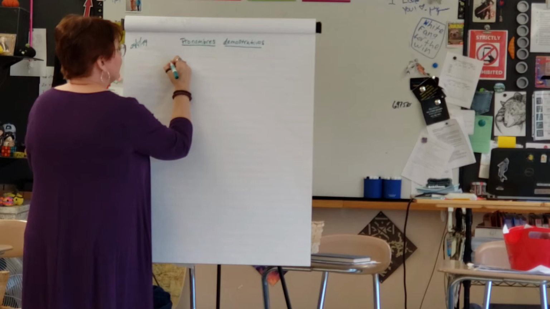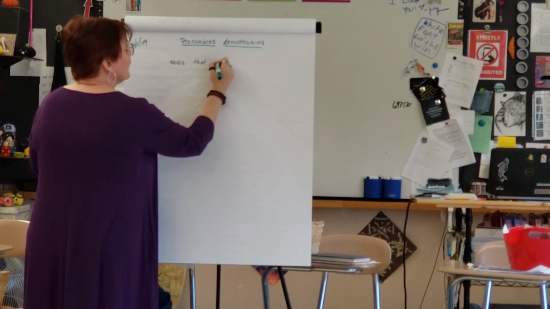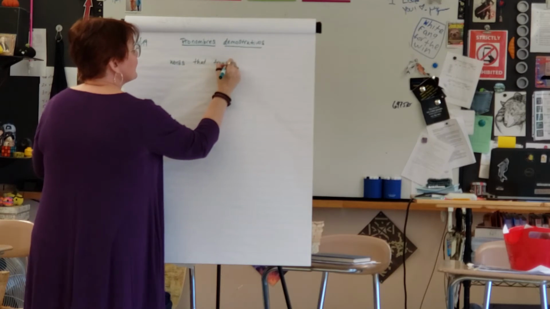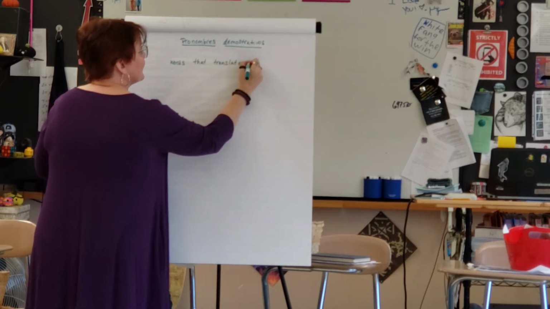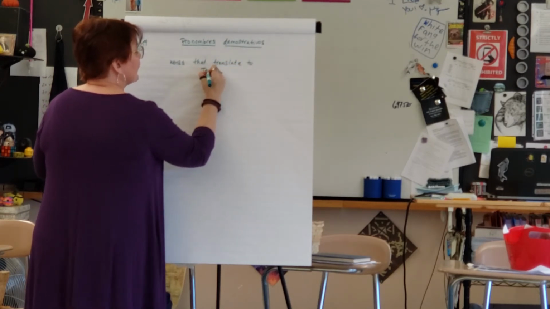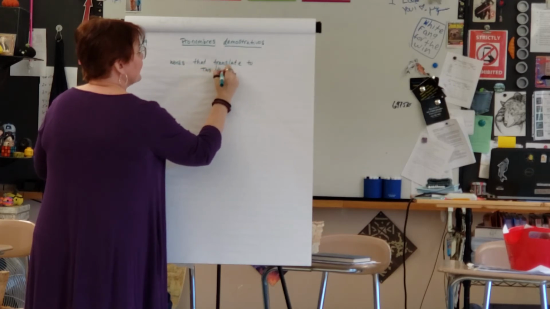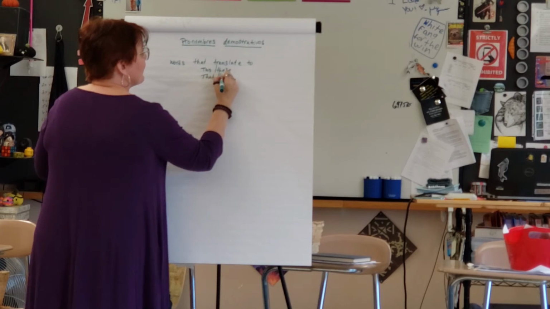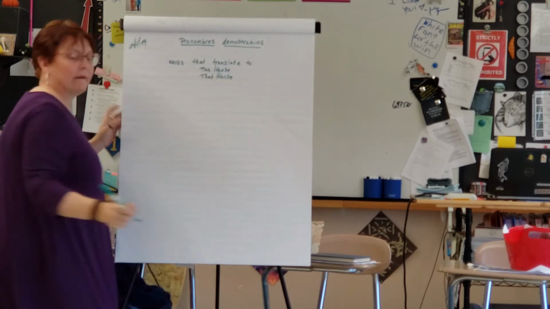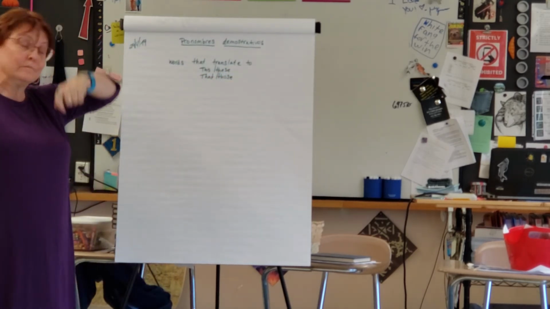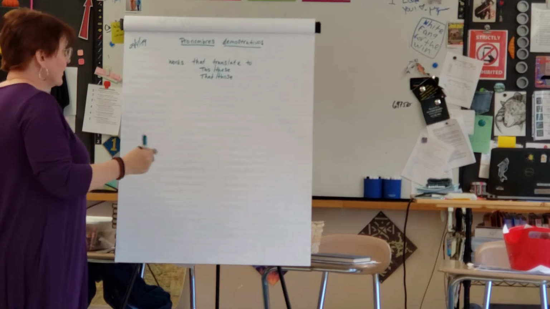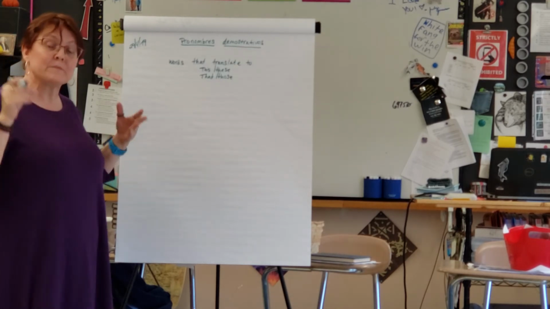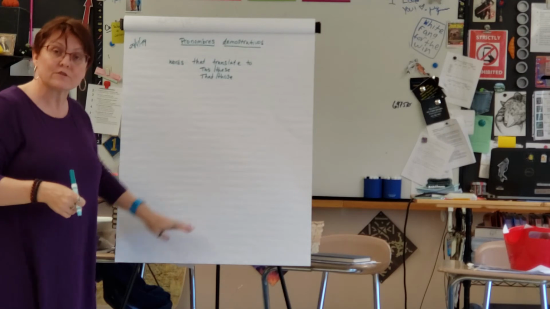So basically, these are words that translate to this, these, that, those, and those ones way over there. Okay? So on this one, I'm simply going to give you 3 charts on the same page.